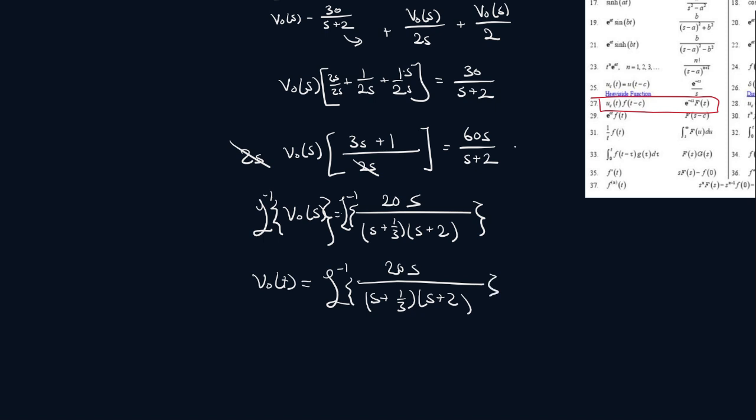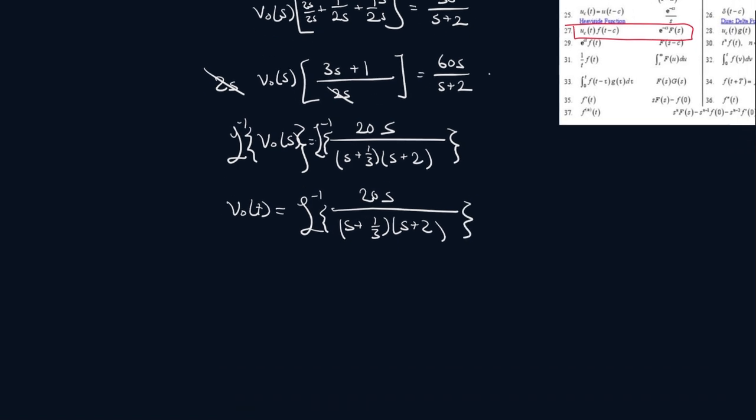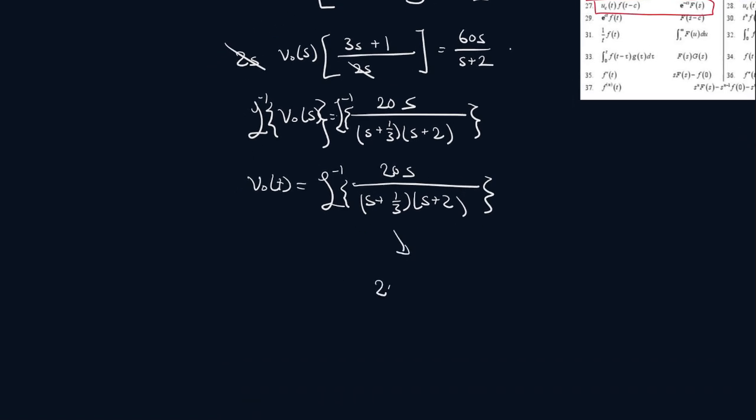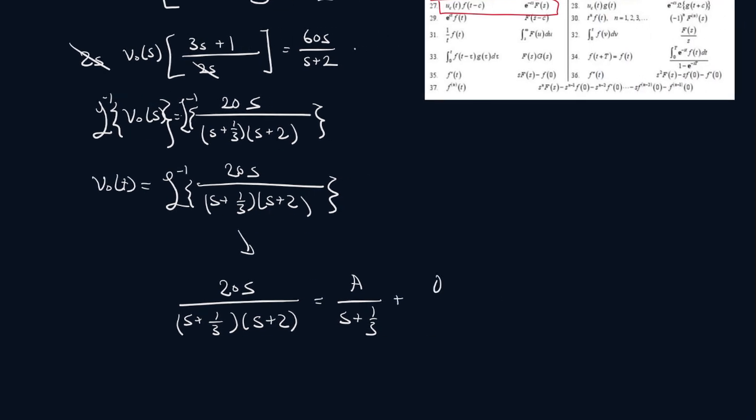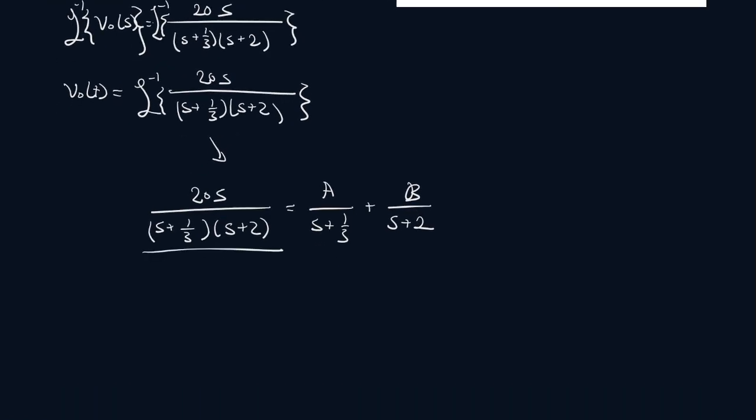And we can do this using partial fractions. So let's do that. So 20s all over s plus 1 over 3 times s plus 2 is equal to a all over s plus 1 over 3 plus b all over s plus 2. And then times everything by this.